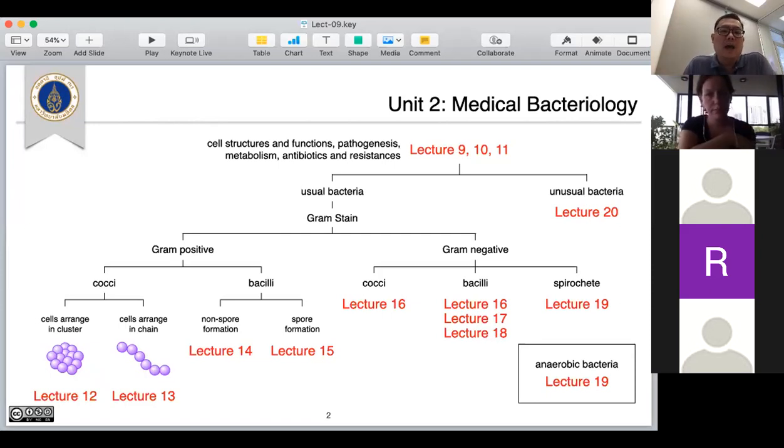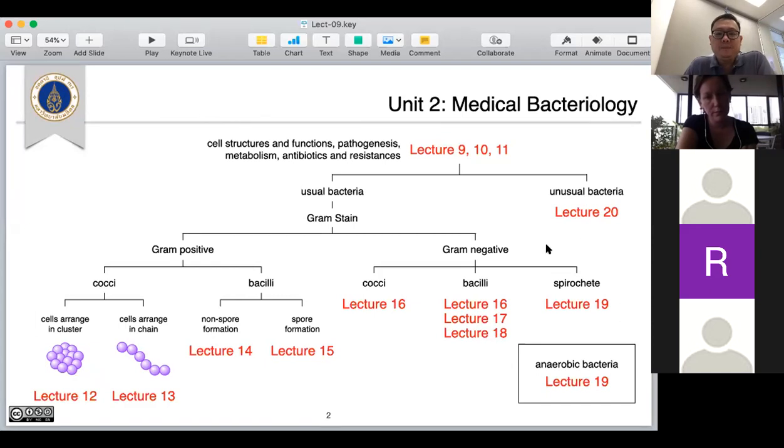Well, if you observe bacteria by gram stain under the microscope and you see gram-positive bacilli, a rod, then we further classify by spore formation or non-spore formation. We learned spore formation and non-spore formation in lectures 14 and 15.